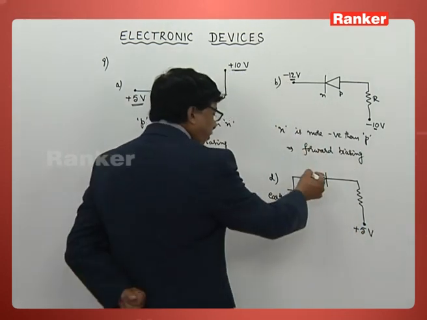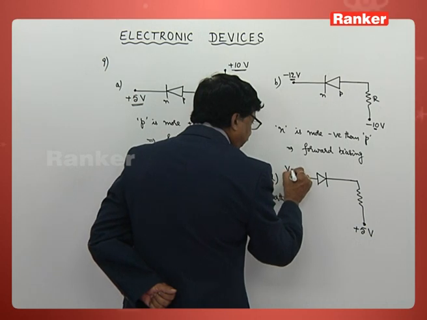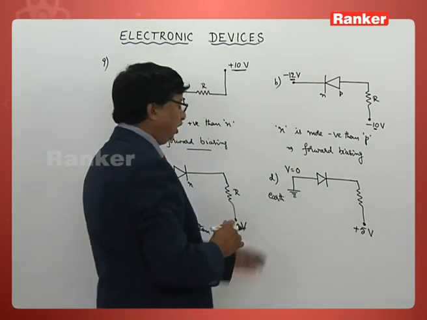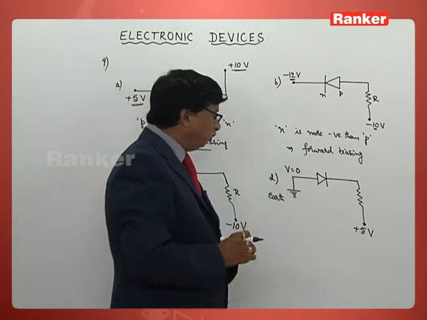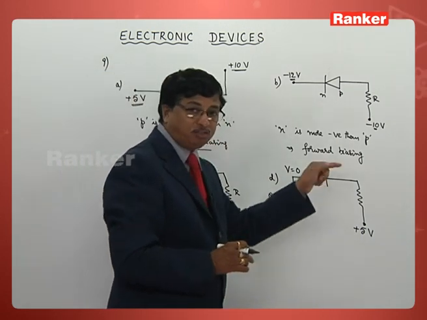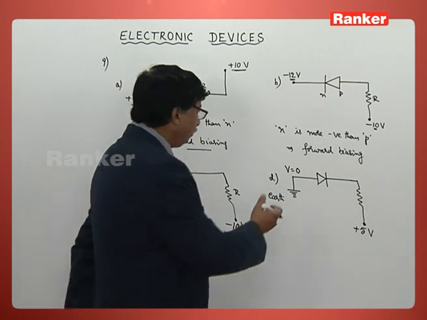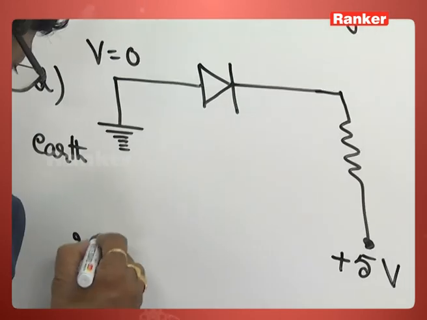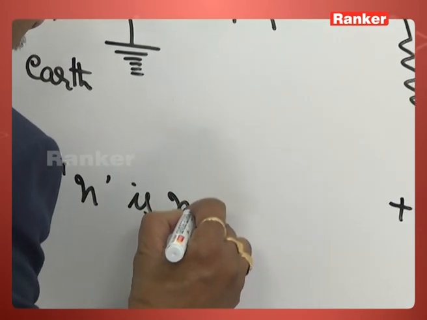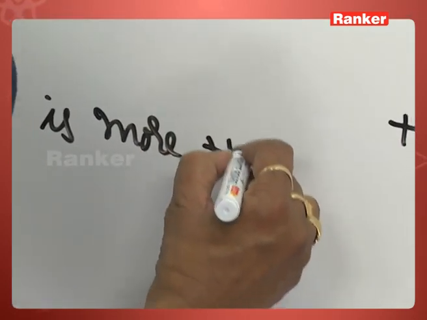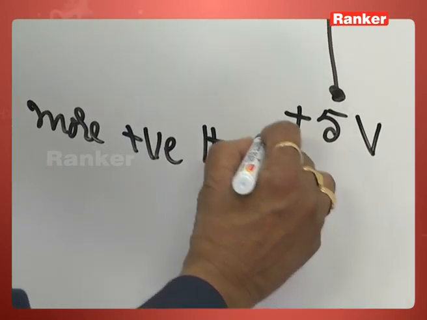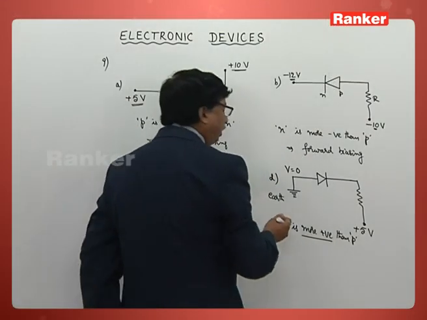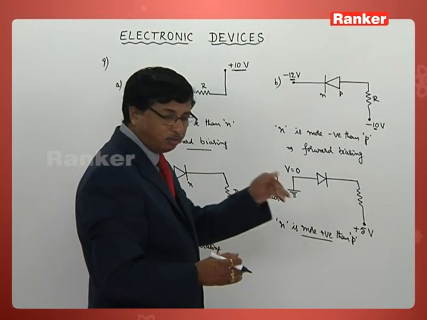The moment this terminal is connected to earth, we can take the potential over there at that particular end is 0. This P is at 0 volt, N is at plus 5 volt. So, what we should consider here, N is more positive than P. You can certainly understand N more positive means that is definitely in reverse biasing.